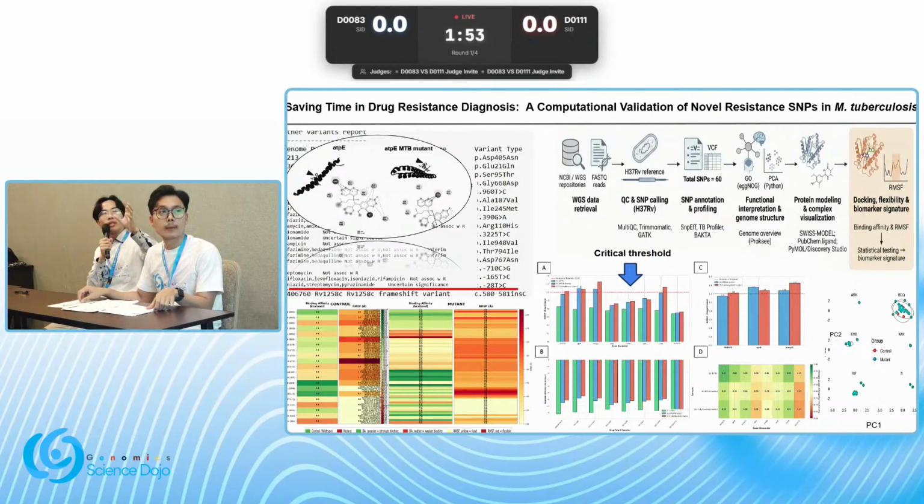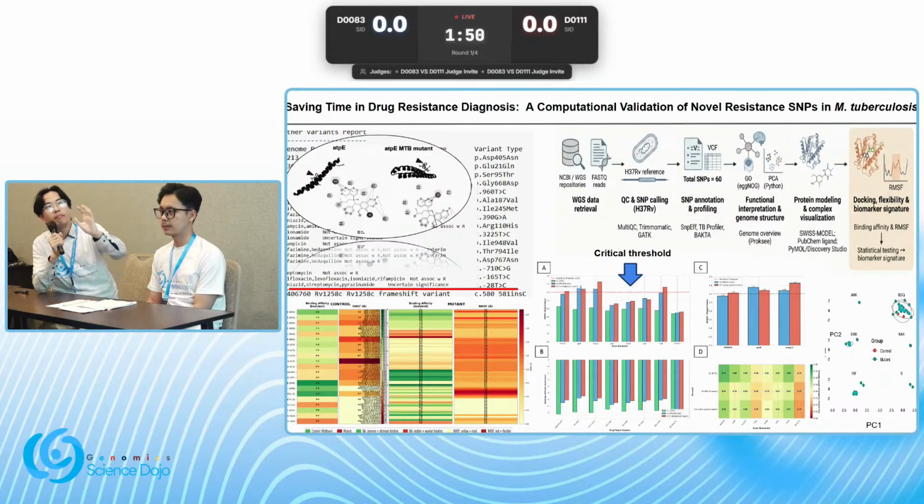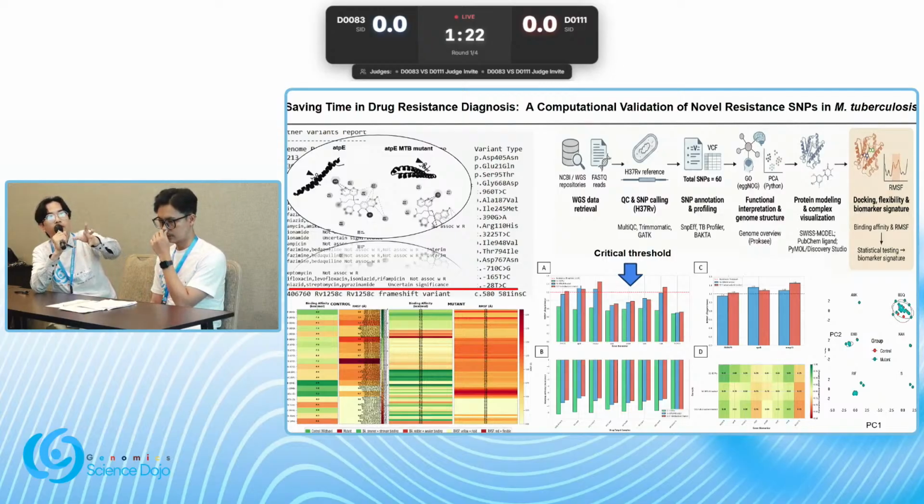And then we see that for the binding affinity, almost all of the mutant strains have reduced binding affinity, while the RMSF shows for bedaquiline-resistant strains at 1.2 angstrom indicates a strong chance of drug resistance. So we can see that this method can be used for other drug resistance prediction as well. And then for the comparisons between regimens, we see that there are 10 stronger correlations that we have analyzed using two-way ANOVA that we use for validation in this study.